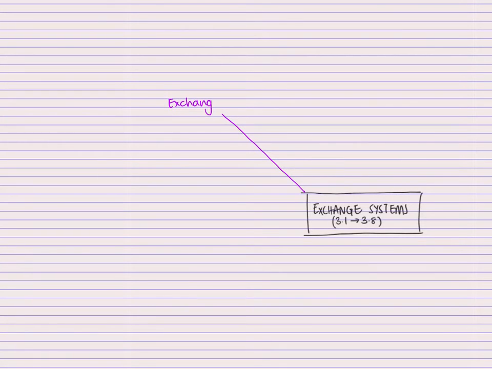So exchange systems, and before we begin we need to think about how and why cells need to transport substances. And this is because all cells are living, and therefore metabolically active.